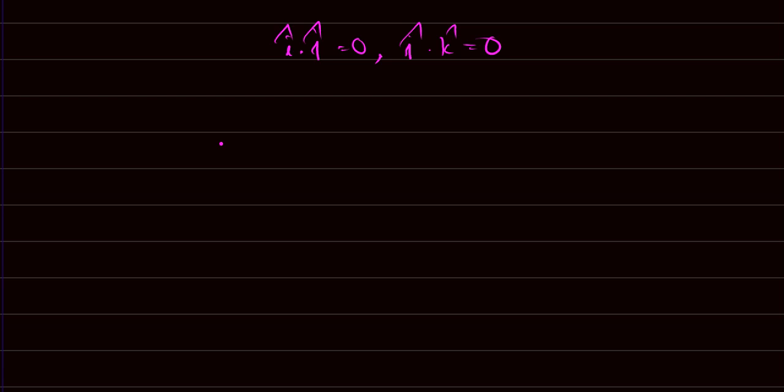Okay, let's say our v vector is represented by this in any basis system, and our w vector is represented by this in any basis system.